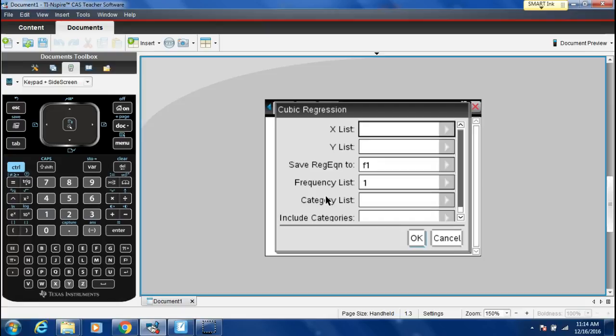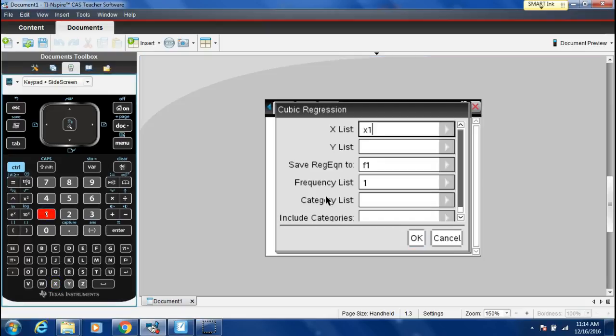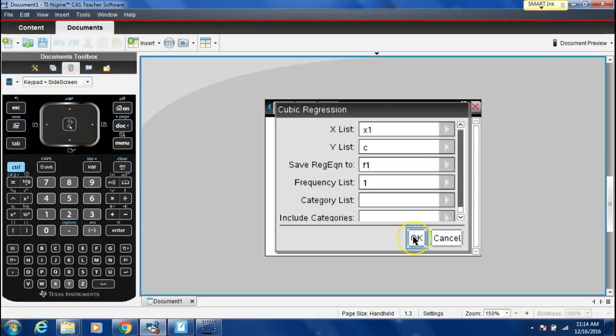My X list is from X1. My Y list is from C. And I'm going to note here that it's dropping it in F sub 1. Okay? That's going to be important later on.